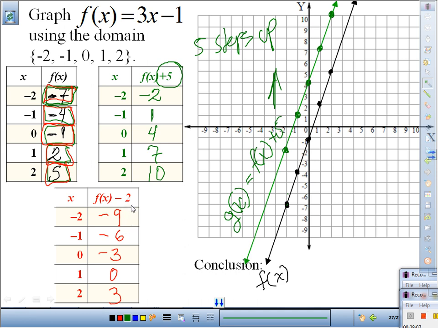Cindy, what's going to happen? Two steps down. Hands if you agree with that. All right, so if that's true, I don't want you to use the table. I want you to transform this into the red one using this at each point. Go. Don't use the table. Go with the graph.